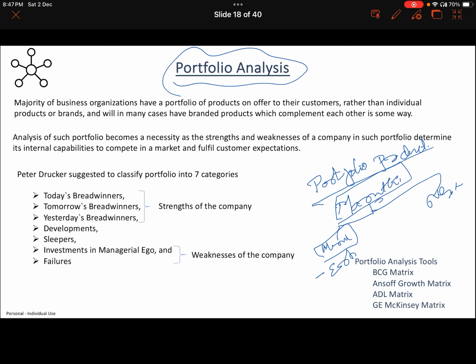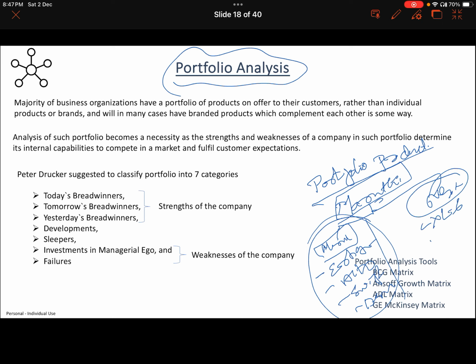They have Ertiga, Alto, Swift, Dzire. These are the many; this is a portfolio of cars under Maruti. Same under Nexa, they have XL6, Baleno, Jimny. So these are the many other cars which are part of the Nexa brand. Correct? So this is a portfolio of products for Maruti.